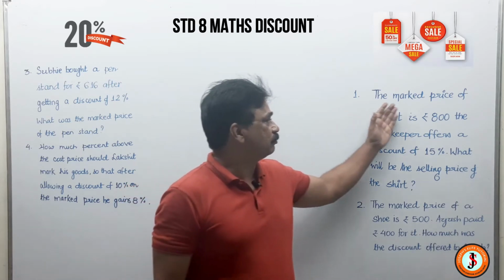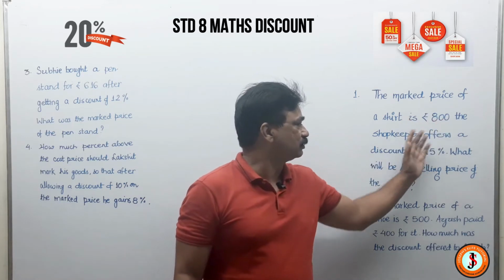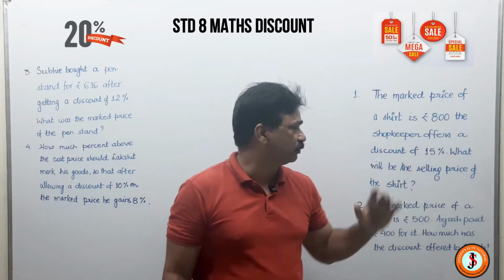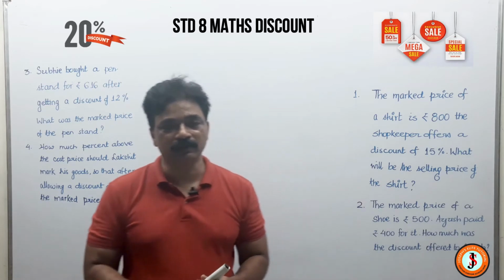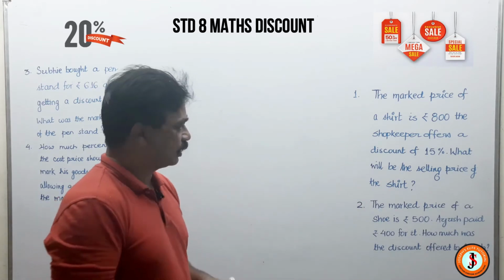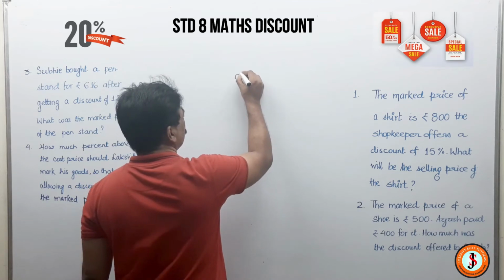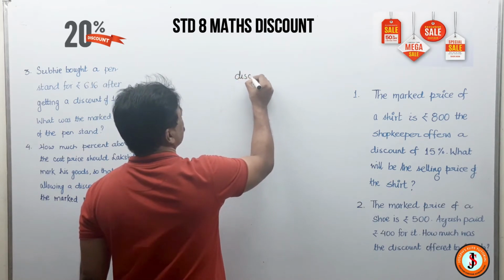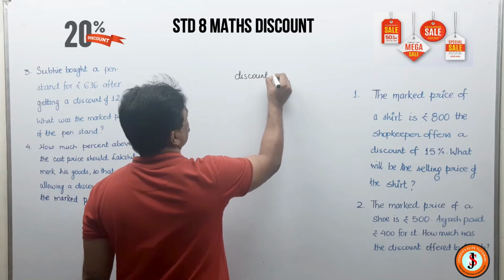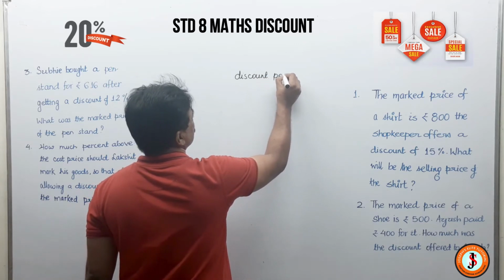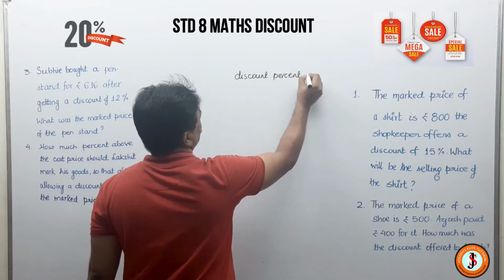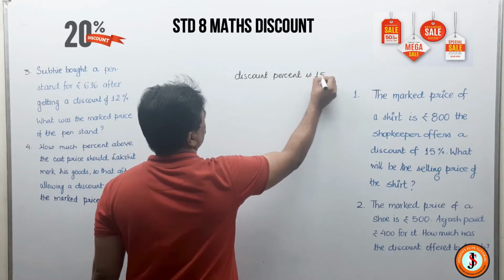Here it is written, the marked price of a shirt is 800 and the shopkeeper offers a discount of 15%. What will be the selling price? Discount percent is 15, isn't it?